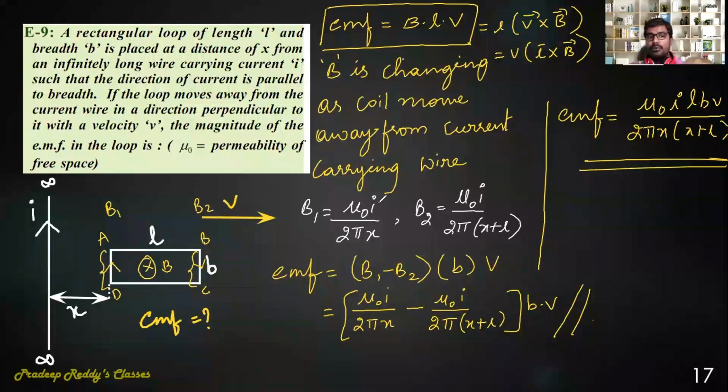EMF produced due to motion of AD is slightly greater than EMF produced due to motion of BC. So as a whole, you can take this as a rectangular loop which is moving in such a way. Current will be moving in this direction. It is clockwise. So current produced is clockwise.